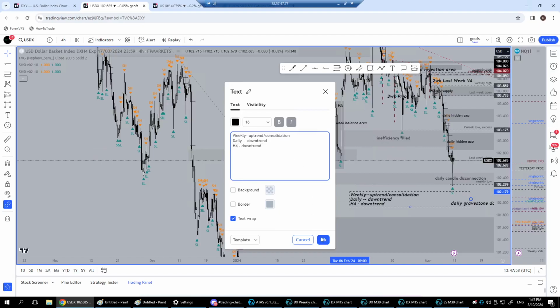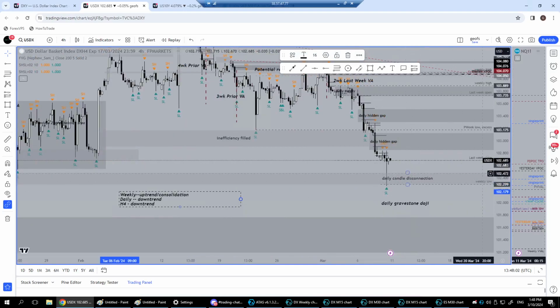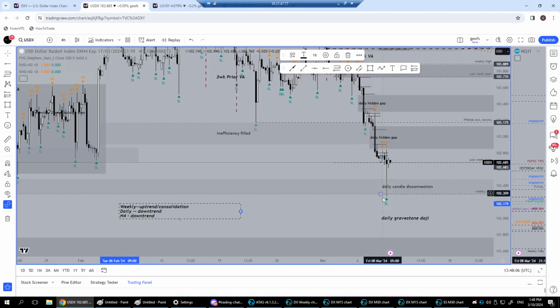Lower lows, lower highs. But look at this rejection. That should tell you something, you know, as a potential reversal. So the daily hidden gaps, let's clean them up a little bit.